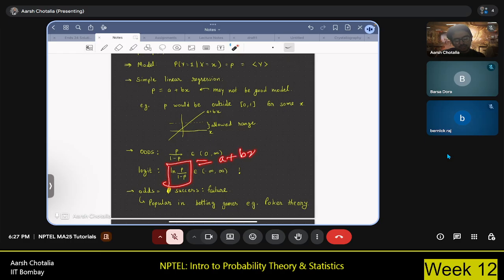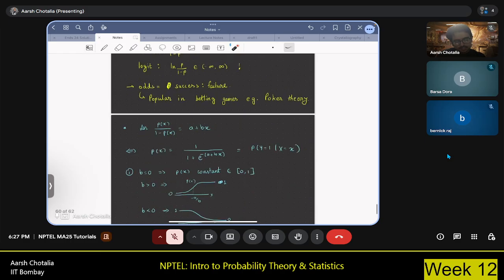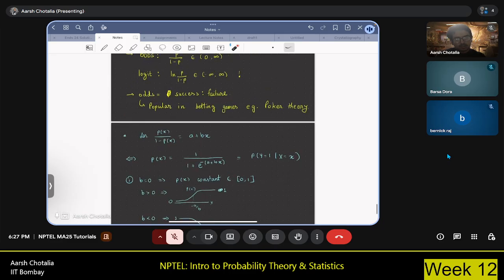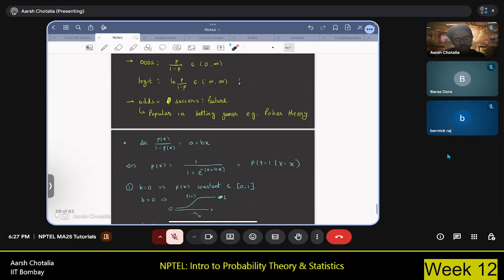And this is good news because now we can fit this to a straight line. So we say that this logit is equal to a plus bx. And that is exactly what logistic regression is. And then now you can invert this equation. So you get p(x) is equal to 1 by 1 plus e raised to minus (a plus bx). Okay.